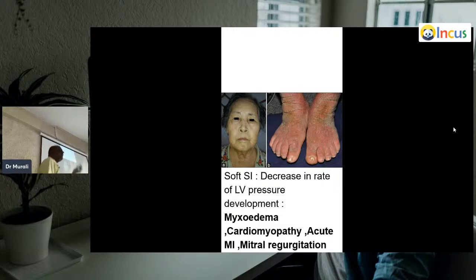Then another thing, S1 is because of what? Whose closure is responsible? AV valve closure is responsible. Right? At the end of ventricular diastole or systole? No looking, imagining.